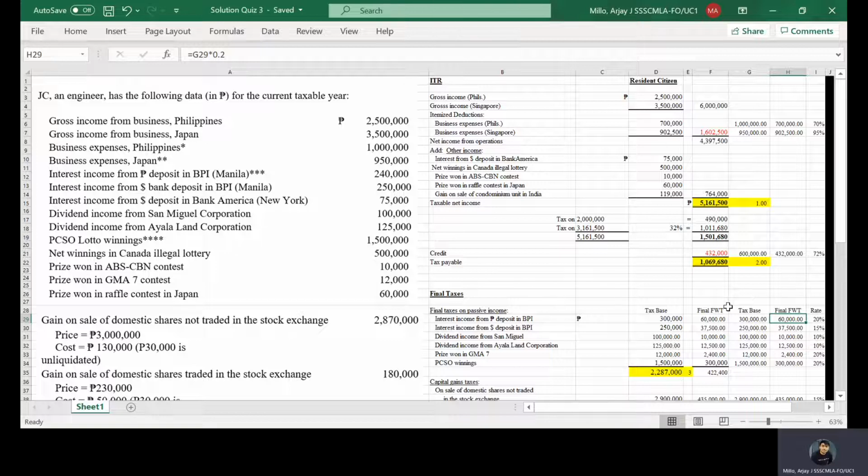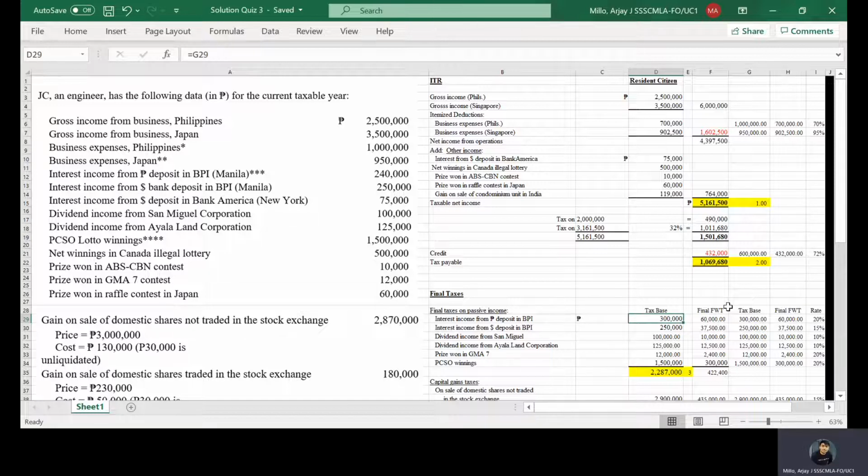So pag dineduct mo yung final withholding tax, kasi yun nga yung i-withheld ni bangko bago niya ibigay sa'yo yung interest income mo, na-withholdan niya na yon. So ang ibibigay niya na lang sa'yo for your 300,000 interest income is 240,000. So that's the tax base, the 300,000. The final withholding tax is 60,000 and then net is the 240,000. Yun yung nasa item.